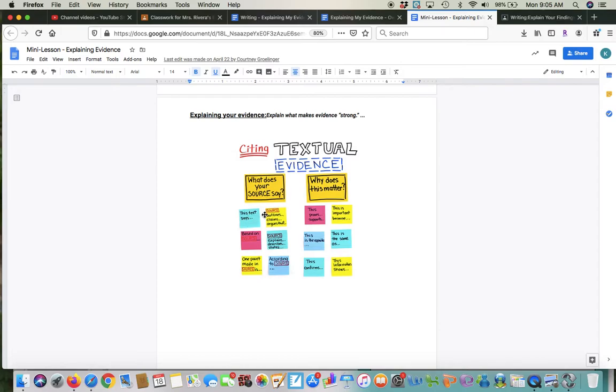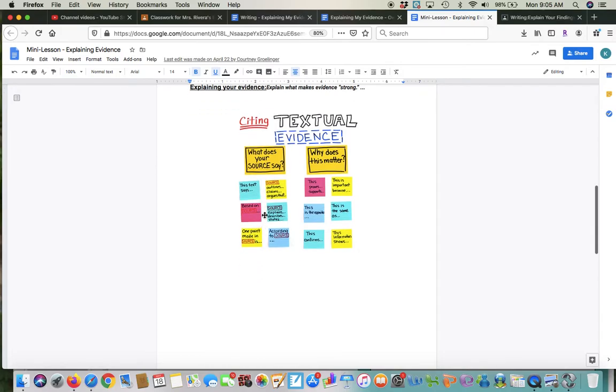So you could say this text says, or Article 1 claims that or argues that, or you could say Article 3 explains, or based on Article 2, or according to Article 1. So do you see how you can use these to start your sentences for your evidence? And then on this side, these are sentence starters you can use to explain your quote.